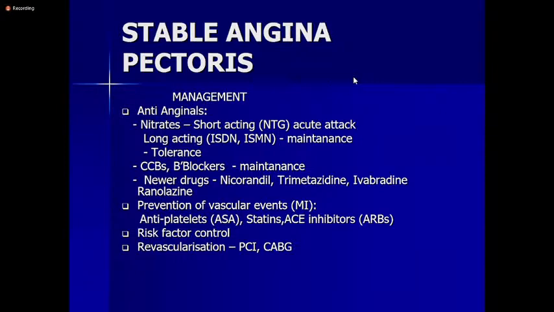More rational is drugs that we use to prevent the pain, so reduce the frequency of pain, instead of waiting for the pain to occur. And usually the three main classes of drugs that we use for that are, again, nitrates, but now long-acting nitrates. The abbreviations there are isosorbide dinitrate or isosorbide mononitrate, or calcium channel blockers, or beta blockers.